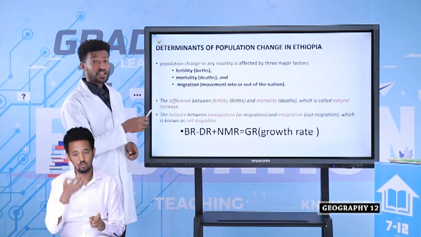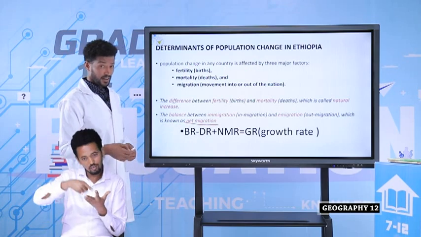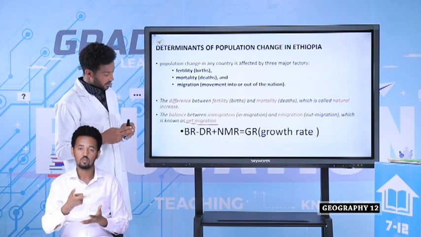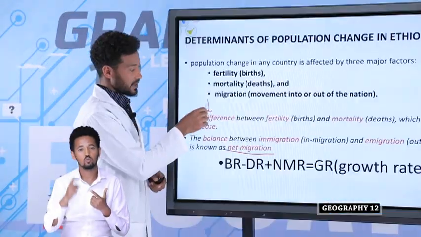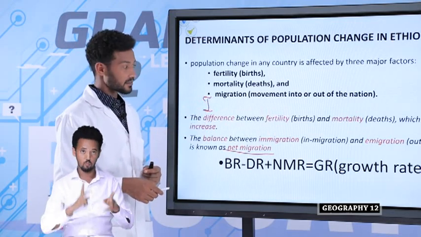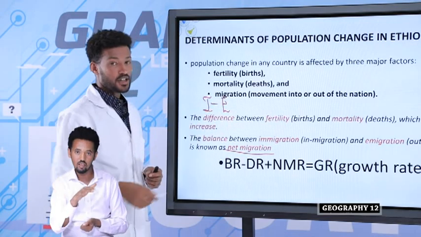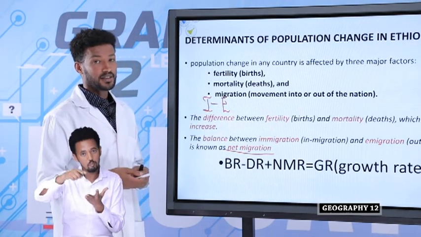If you want to see the change in net migration, you can see two important terms: letter I, immigration, the incoming population, and letter E, emigration, the outgoing population.